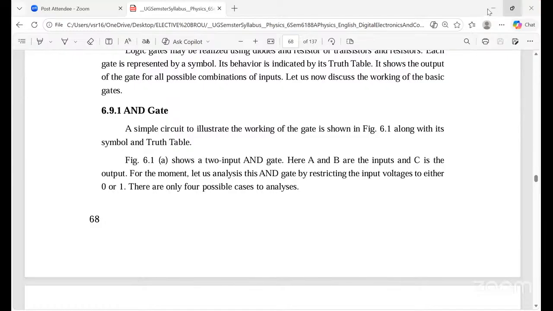You need to know about that. The basic logic gates are the AND gate, OR gate, as well as the NOT gate.